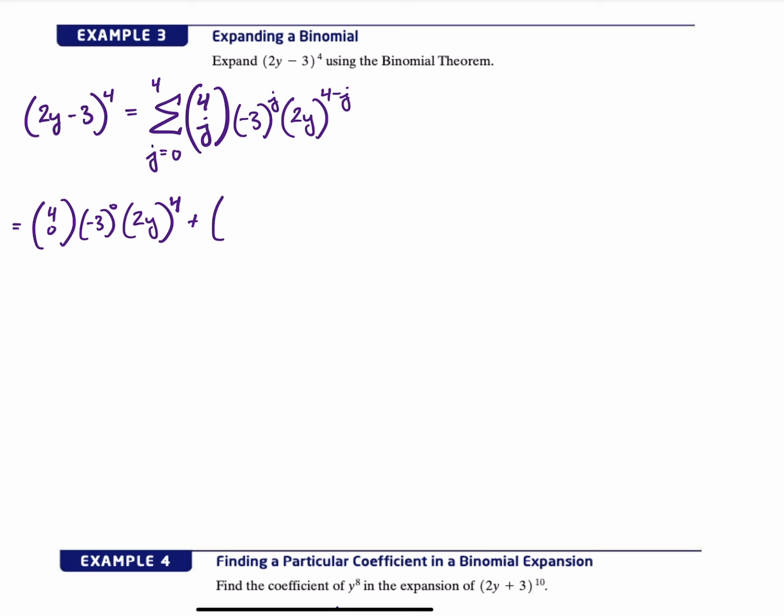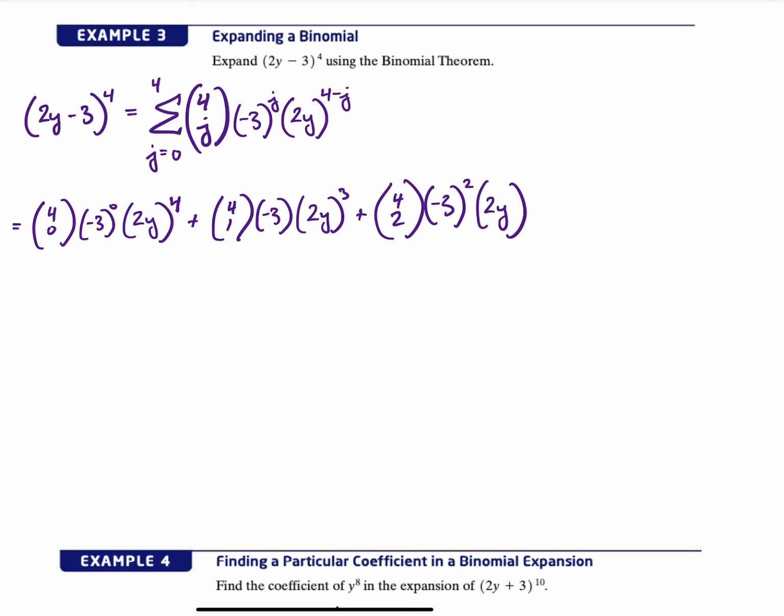Second term should be 4 choose 1 times negative 3 to the 1st power times 2y to the 3rd power. Then we'll have 4 choose 2 times negative 3 to the 2nd power times 2y to the 1st power. Then 4 choose 3 times negative 3 to the 3rd power times 2y.